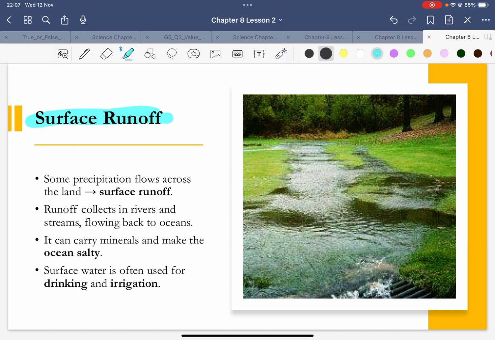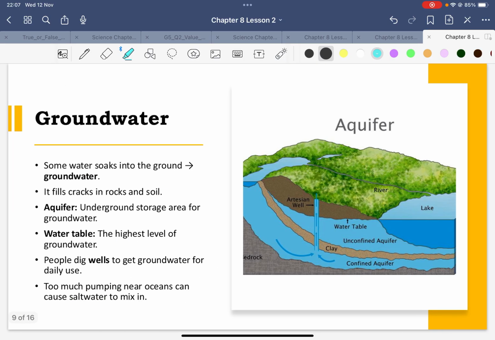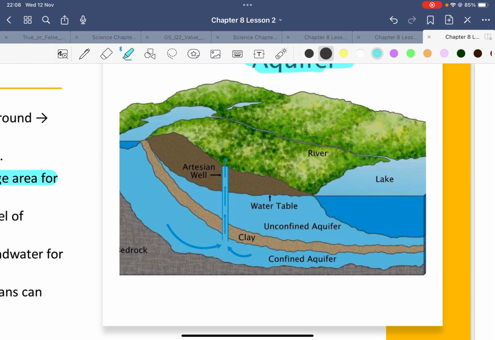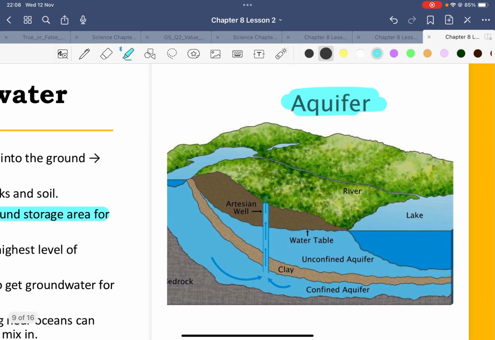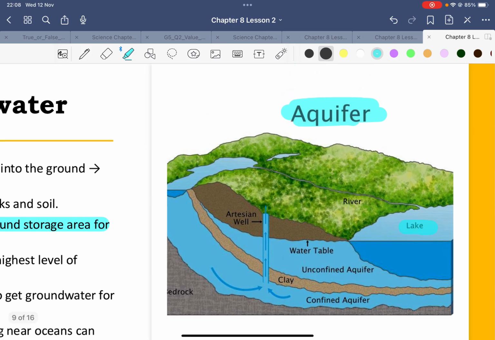So the precipitation gathers and stays on the surface, right? Some goes to the ocean, some goes to the lake. As you can see here, there is another term, aquifer. This means an underground storage area for groundwater. You can see here if you zoom in. As water comes down, if it's on the surface, it's called a lake or river, right?